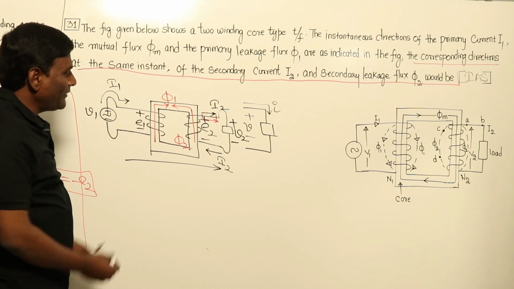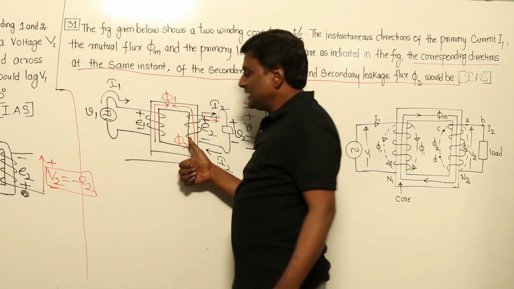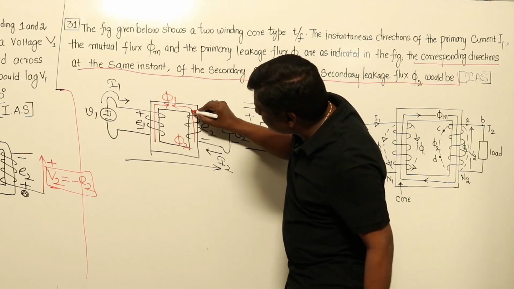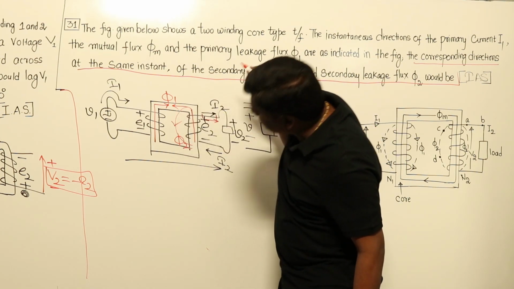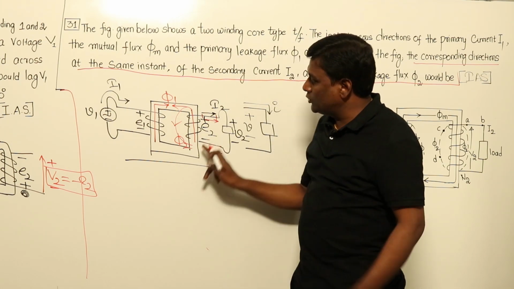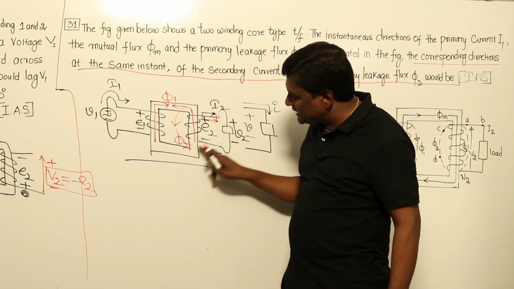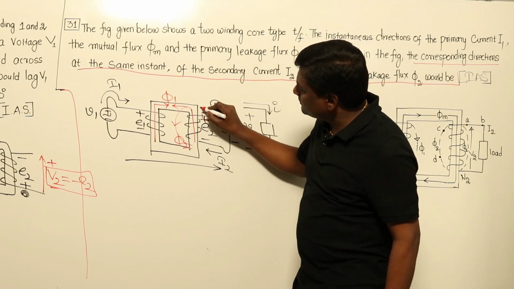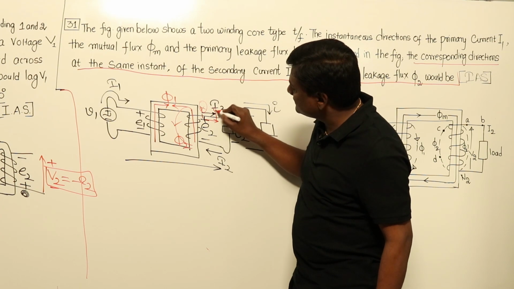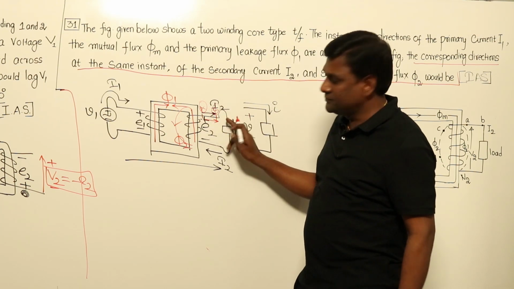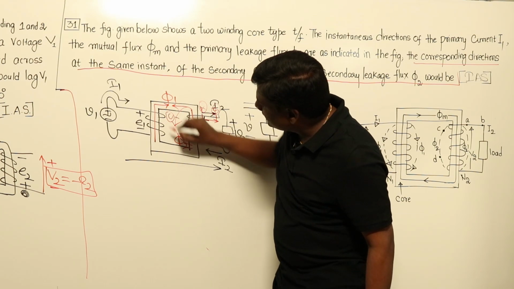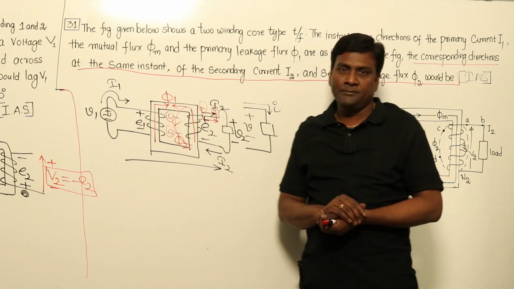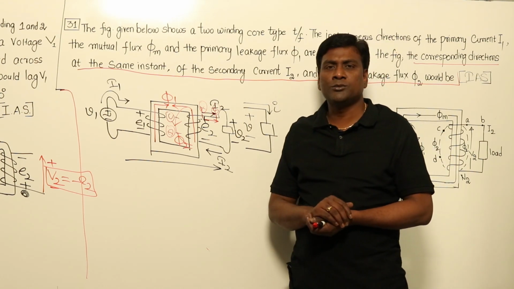My secondary flux pi 2 is in this direction, which means my leakage flux should be in this direction. So in the options given, A and B are given, current is flowing from A to B, and C and D are given, such that leakage flux is flowing from C to D. In this way we have to solve this question.